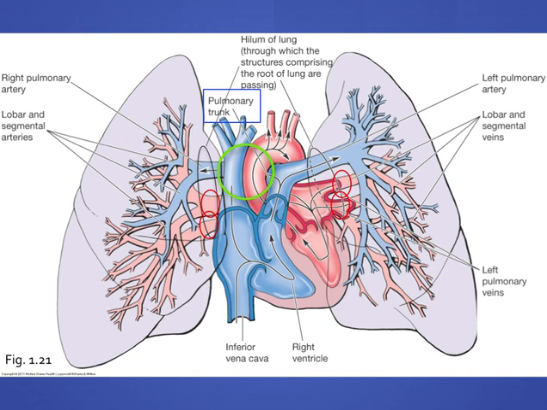So you have a right pulmonary artery, which you can see is traveling toward the right lung underneath the arch of the aorta and behind the superior vena cava. So highlighted by the green circle is the aorta, which is in red on the right, and then the superior vena cava, which is in blue on the left. So the right pulmonary artery is heading behind those structures and going to the lungs.